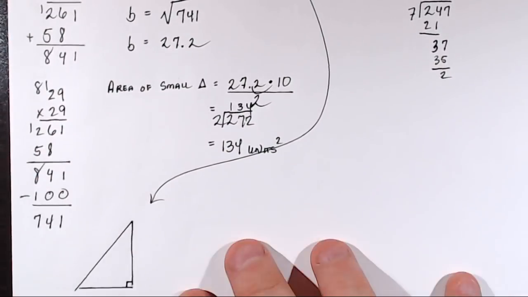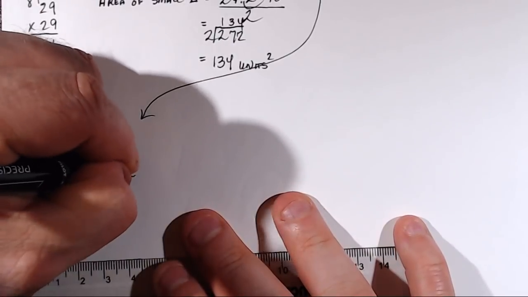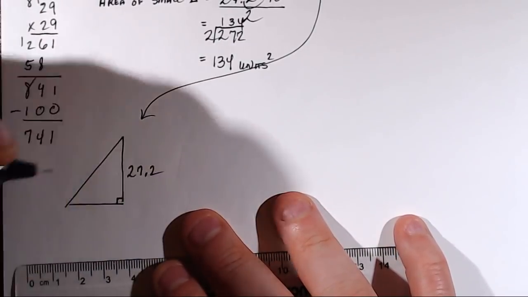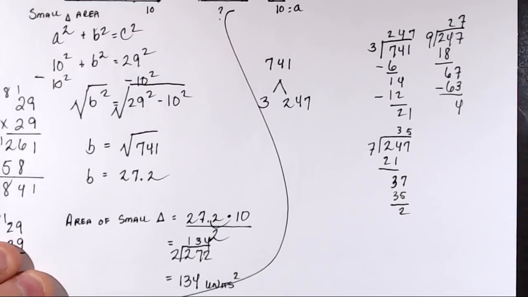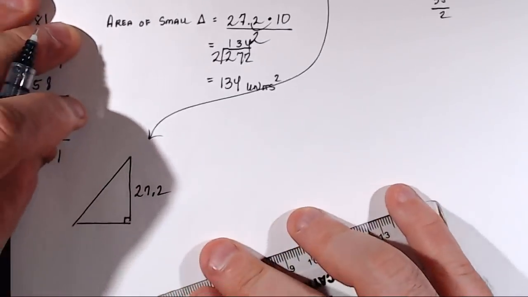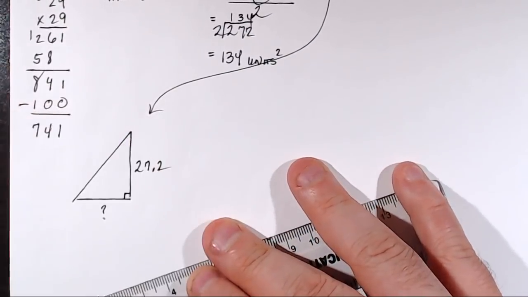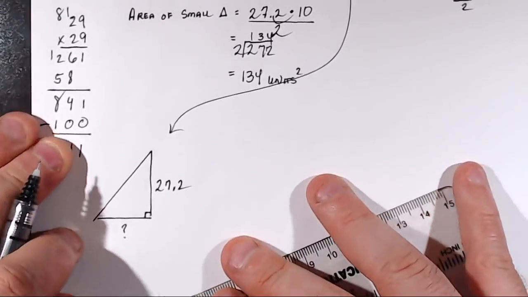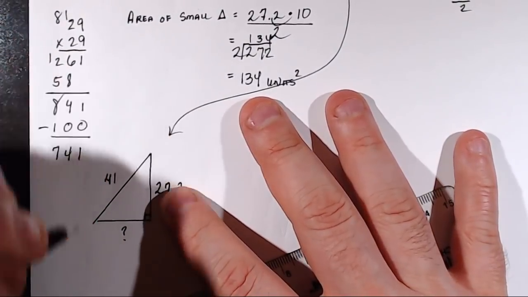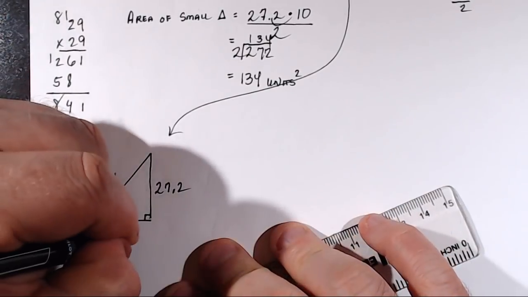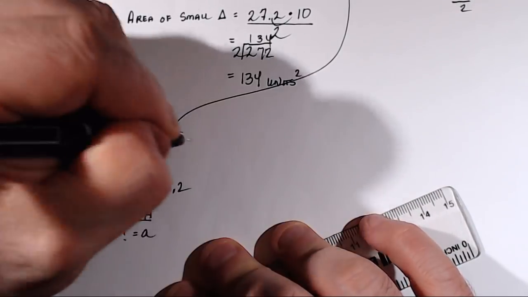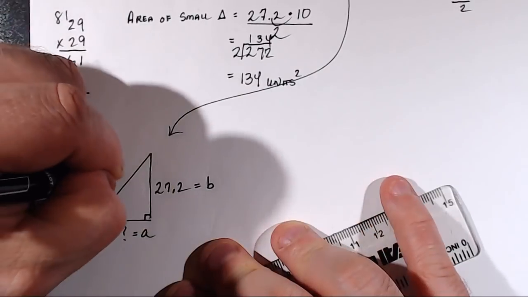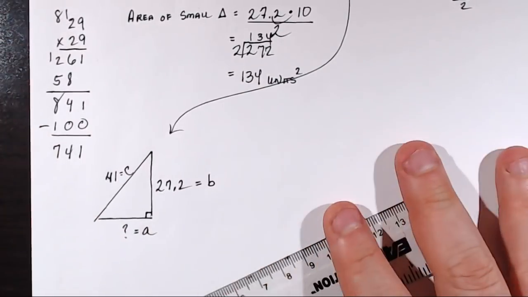I now know this height is 27.2. This base is unknown, and then the hypotenuse is 41. So this is going to be A, this will be B, and 41 will be C.